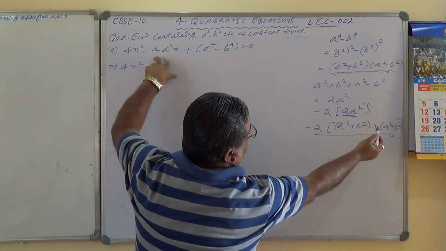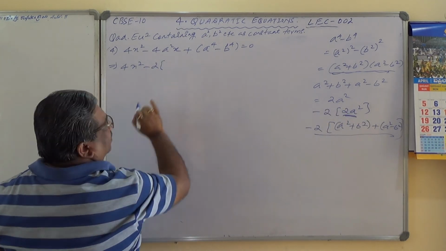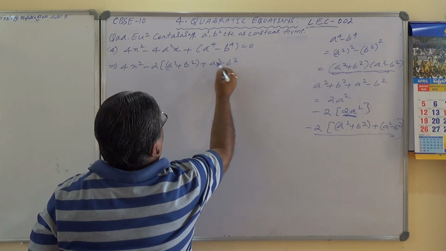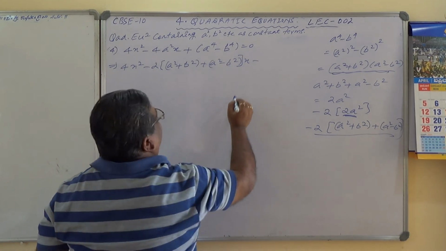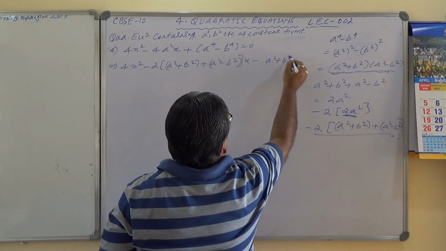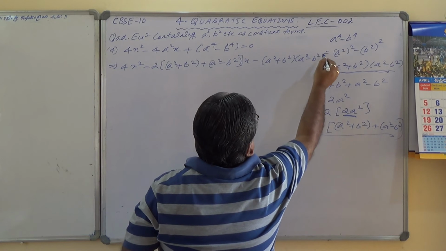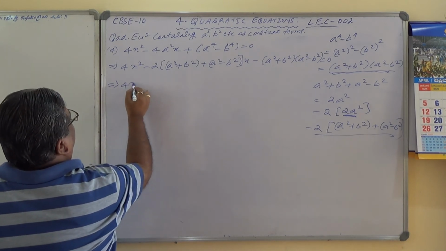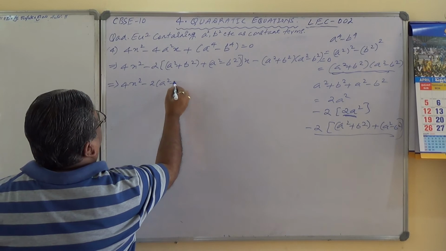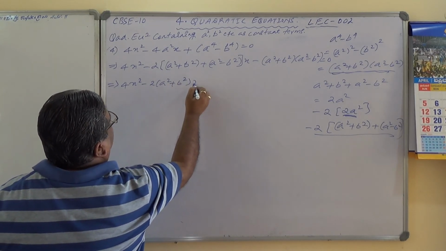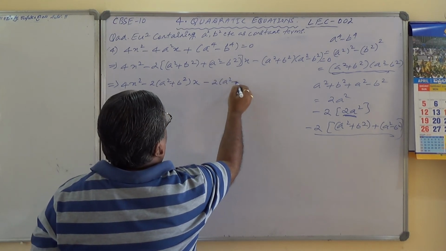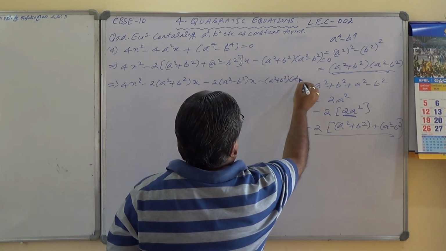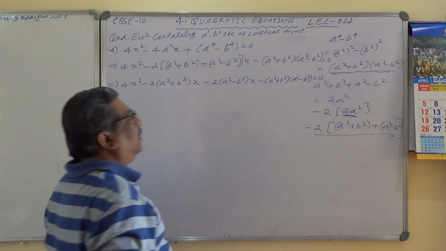Minus 2 times a square plus b square plus a square minus b square, times x minus, this is nothing but, which implies... Listen carefully that side.